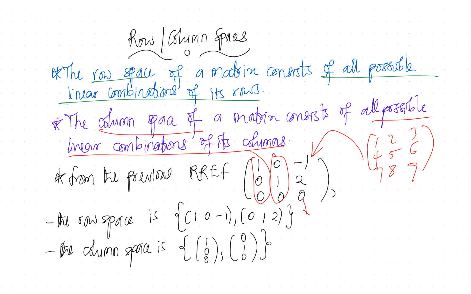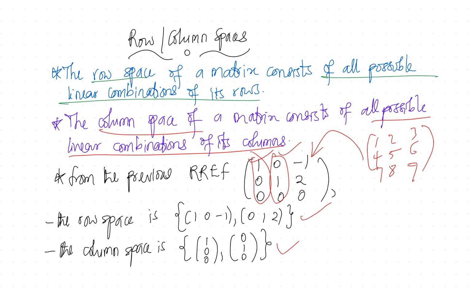But since it doesn't exist, we do not count that column as part of the column space. So these are the only two columns that qualify to be in the column space because they have lead entries. The third column does not have a lead entry, so we don't care about it. That's why our column space is simply 1, 0, 0 and 0, 1, 0. And then we are done with row space and column space.